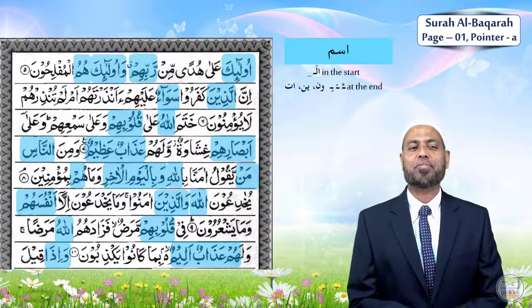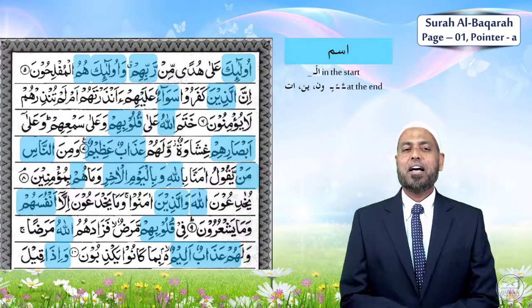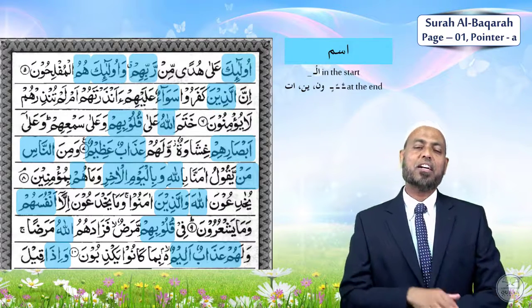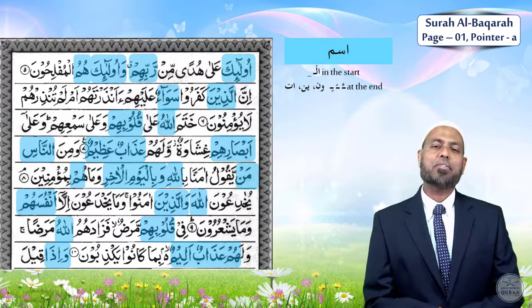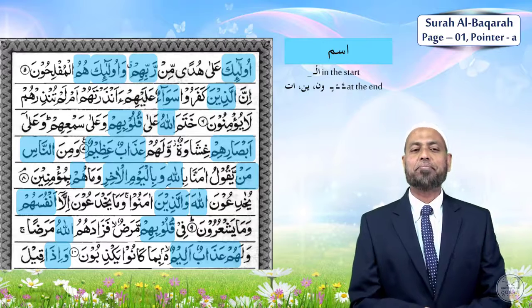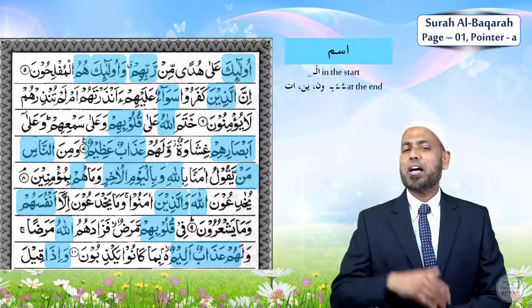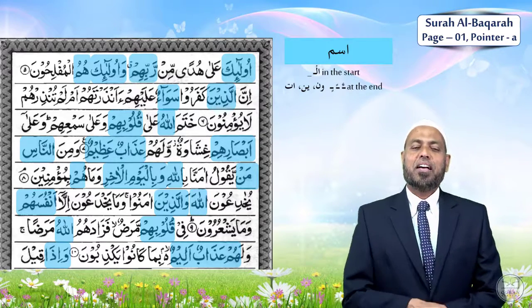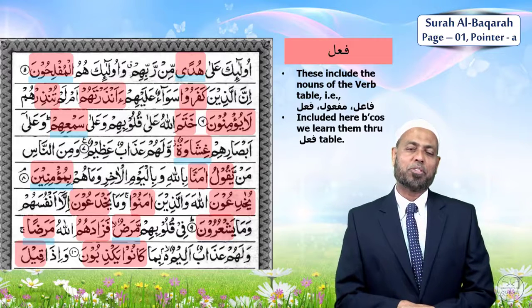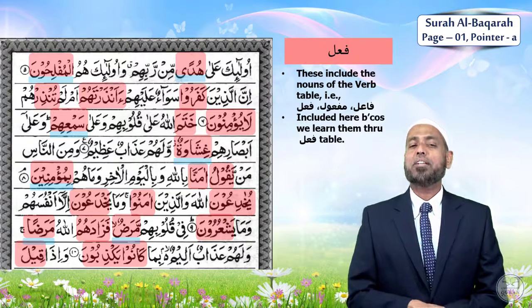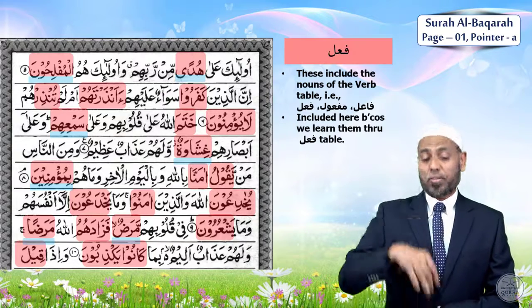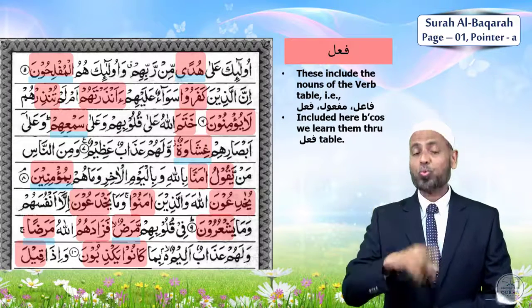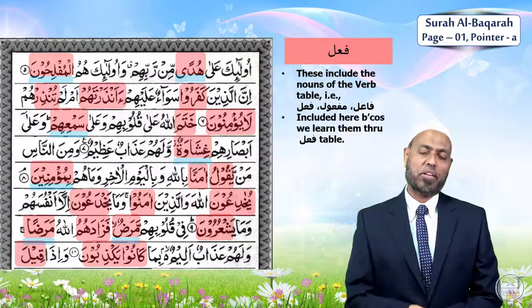Here is a typical page from the Quran, and the blue shaded words are ism, and you can see in every line almost 3 are there, sometimes even more. What I'm talking is average. And this slide shows the verbs. By the way, the words here include those nouns, fa'il, maf'ul, fi'il, which we learn in the verb table.